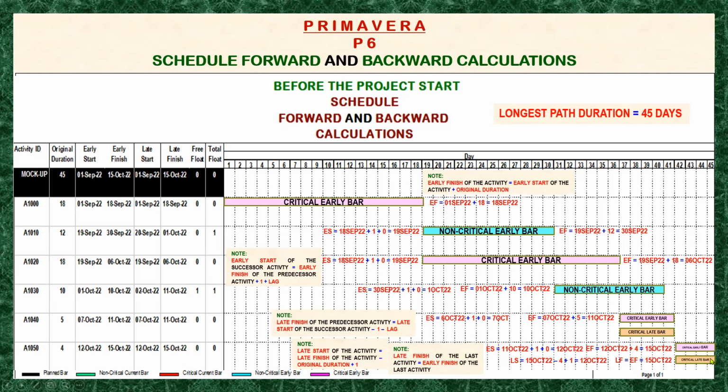The late start of this successor is 15 days, 12 October, which we can see here in the activity table. The late start is 12 October, and then less 1, so that will become 11. Am I right? So this is it. And the early start, the calculation is this one. No, this one.